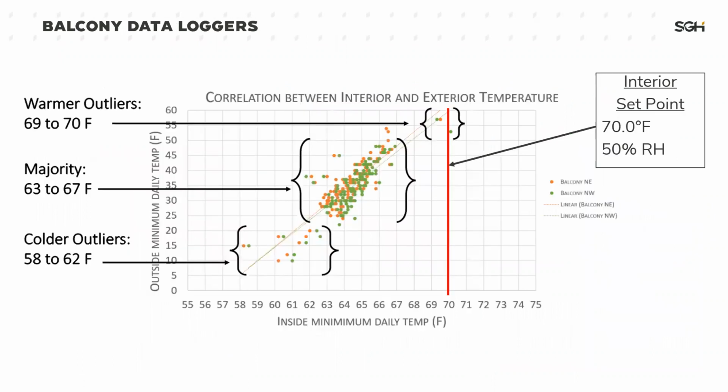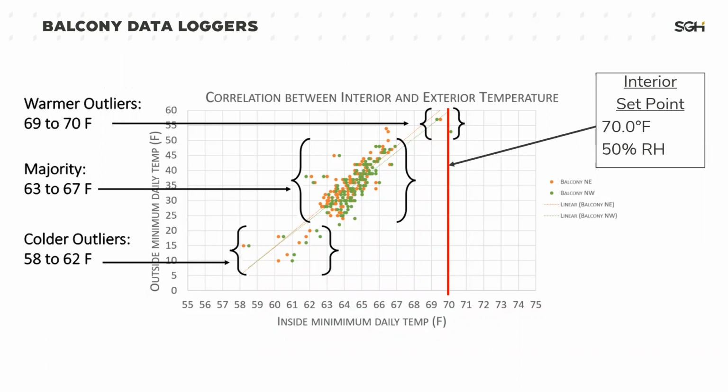To start this project, we set up some data loggers at the glass on the inside and outside of the glass at two different locations. You can see here there's a direct correlation between the interior temperature and the exterior temperature, which makes sense. But an important thing to note is that our interior set point is 70 degrees Fahrenheit, but almost none of these interior temperatures are at or above 70 degrees.